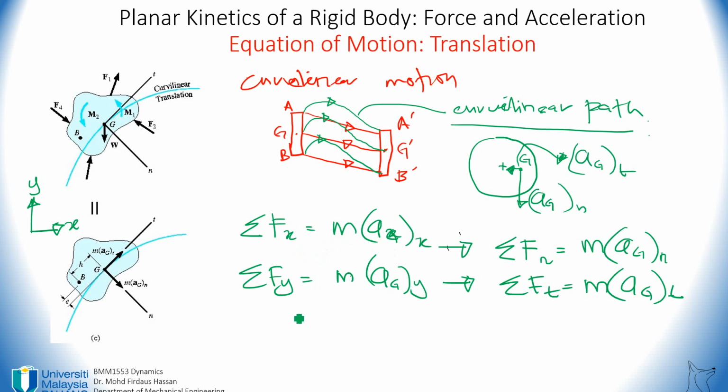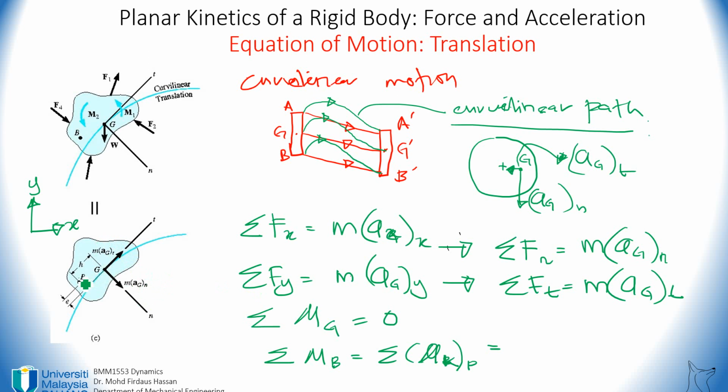Then we have another one. This is curvilinear motion. It doesn't rotate, so the summation of moment at G remains zero. If you look at these figures, the summation of moment, if you choose point B as your reference, gives you the summation of kinetic elements at point B. You see m a_Gn and m a_Gt.